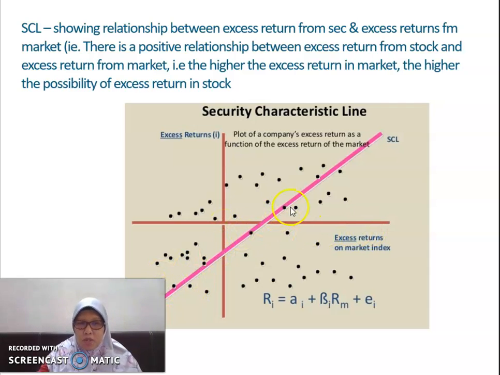Normally it works like this. It shows a positive relationship between extra return from stock and extra return from market. In another way of explaining it, the higher the excess return in the market, the higher the possibility of excess return in the stock.